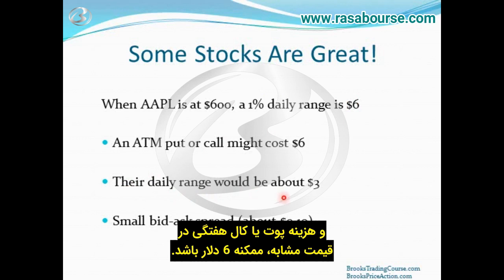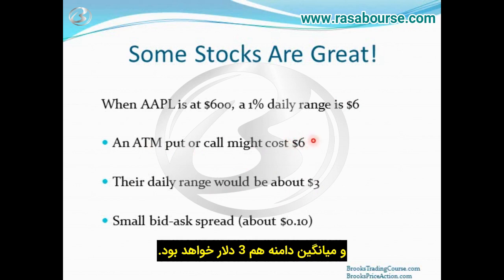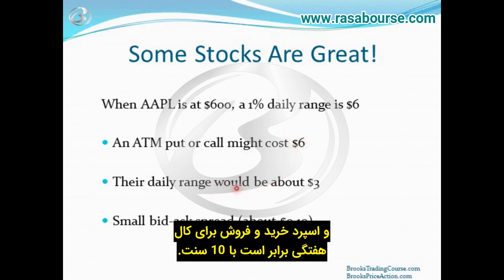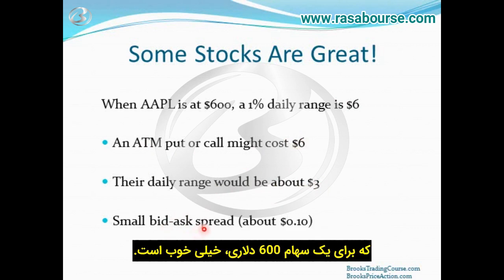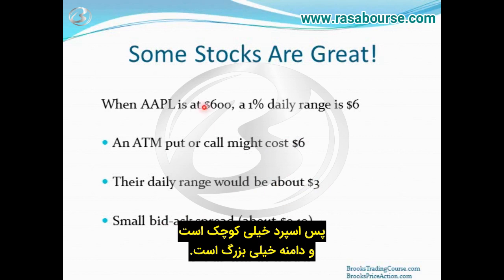The at-the-money weekly put or call in Apple might cost $6, and the average range would be $3. The bid-ask spread on those weekly calls might be only 10 cents, which is extremely good on a $600 stock. So very tight spread, very big range.